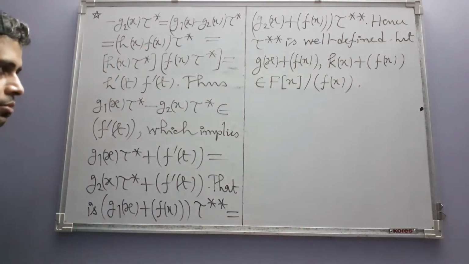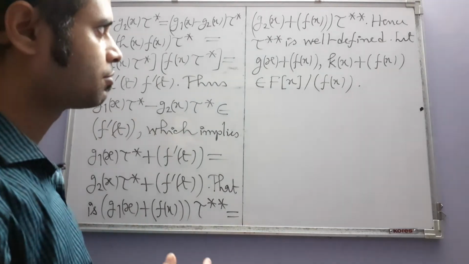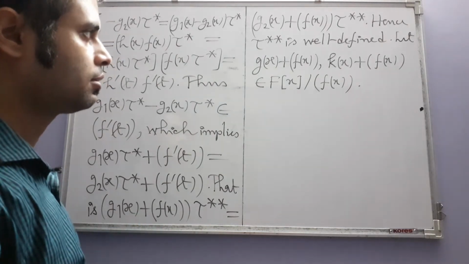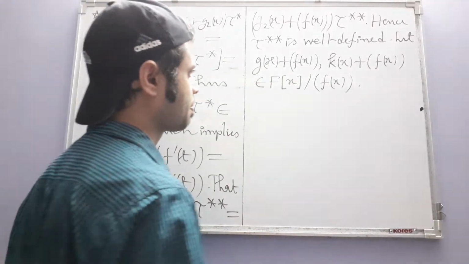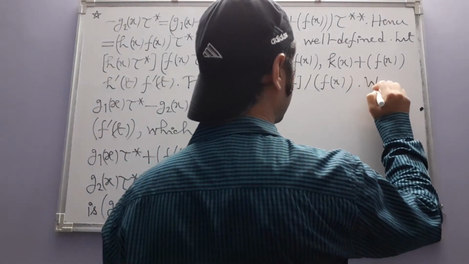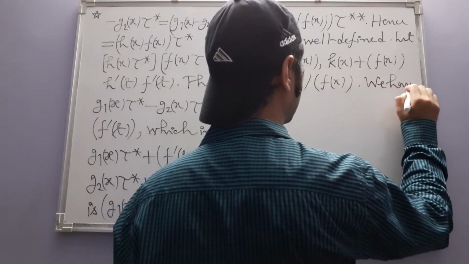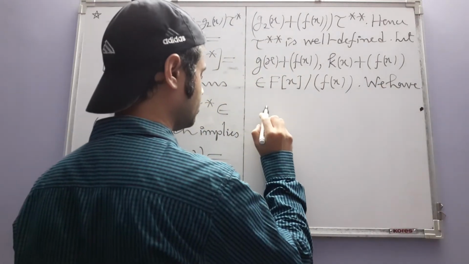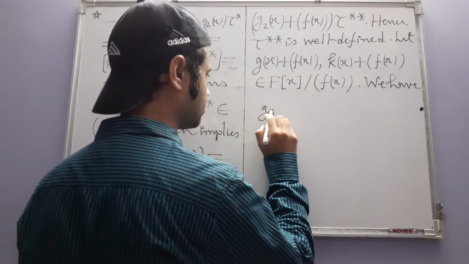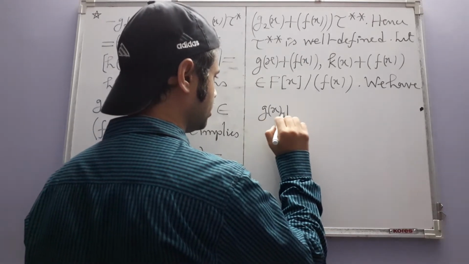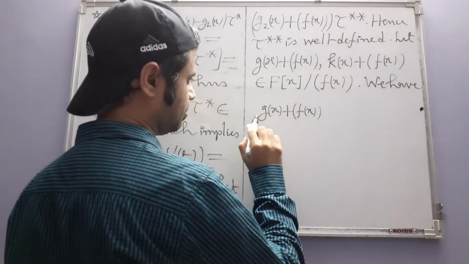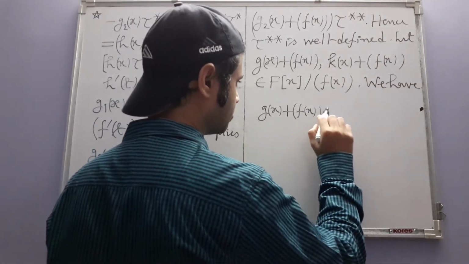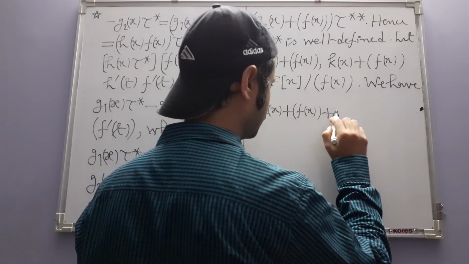Now the usual stuff. First we will show that tau star star respects addition, and then it respects multiplication. We have g(x) plus (f(x)). It becomes extremely confusing because so many brackets are involved.